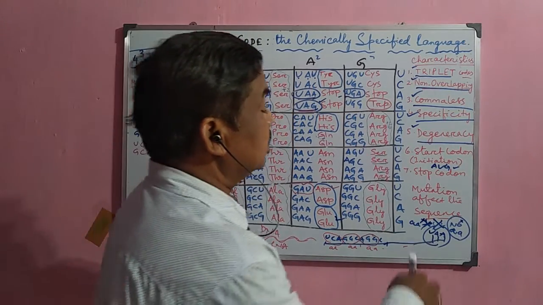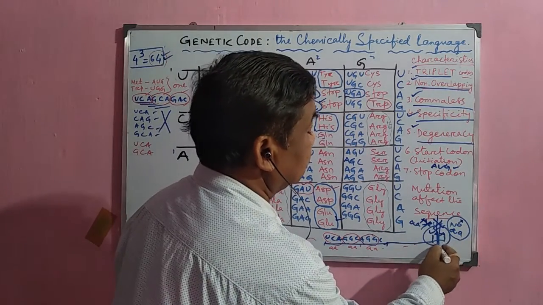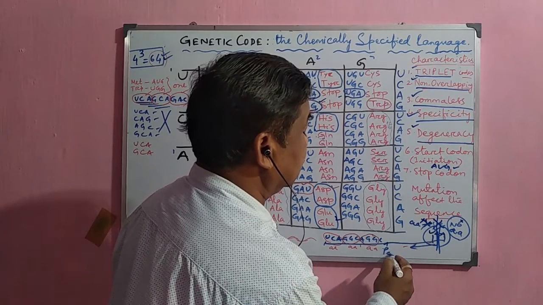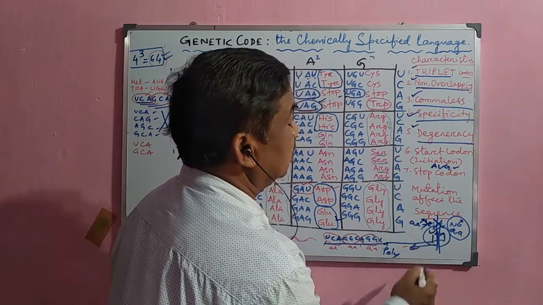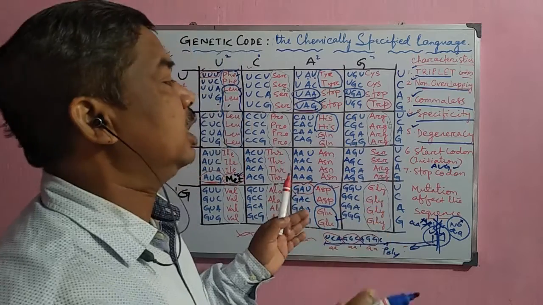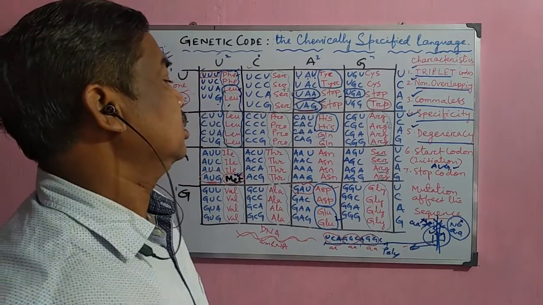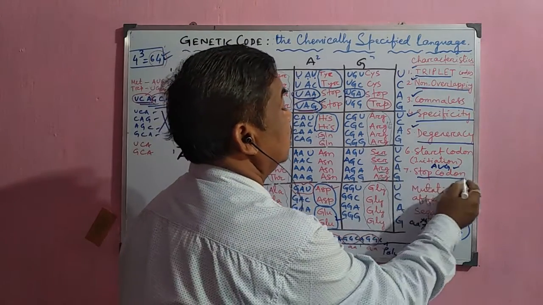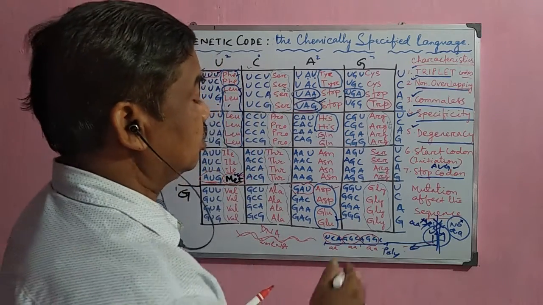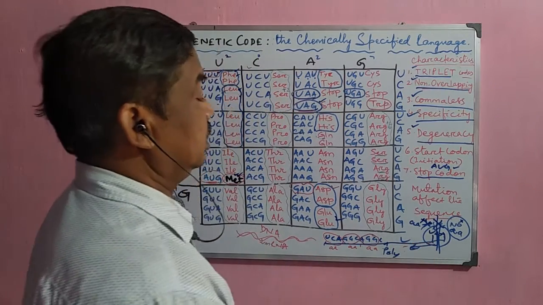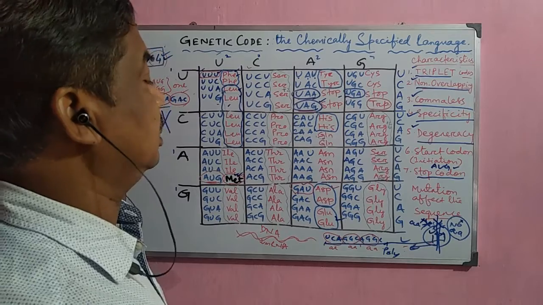So the mRNA chain stops, the polypeptide chain automatically stops, and a small polypeptide chain is finished here. This is the stop codon, and the last amino acid is linked here.